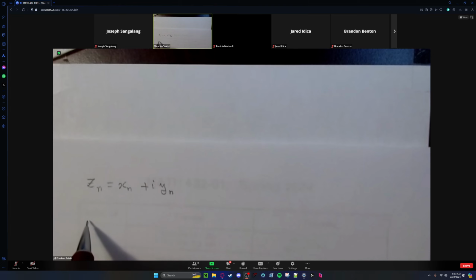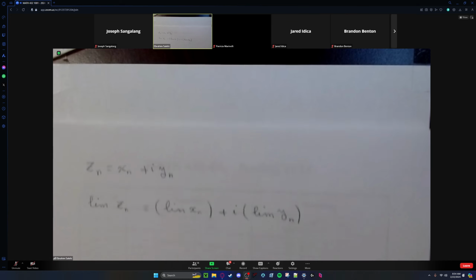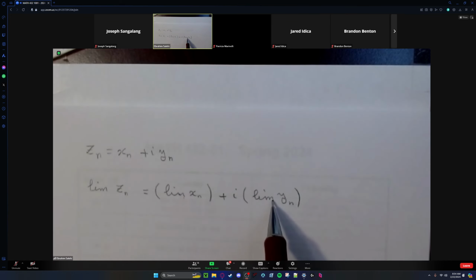We notice that the limit of Zn, the sequence, is the same as the limit of its real part plus i times the limit of its imaginary part. But limits of real and imaginary parts are calculus 2. That is why you need to review calculus.